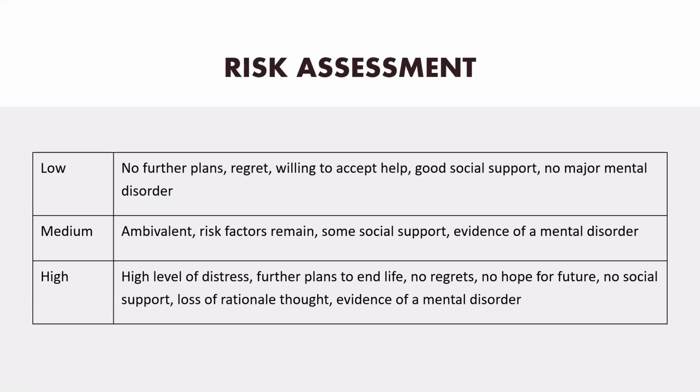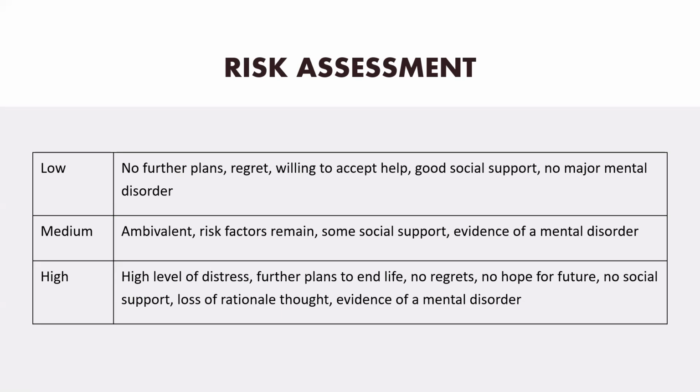Medium is where you still have a lot of risk factors. For example, the reasons for which they wanted to commit suicide or self-harm still exist, and they haven't completely gone. So that's another thing to look out for. And high is when they're still quite distressed.